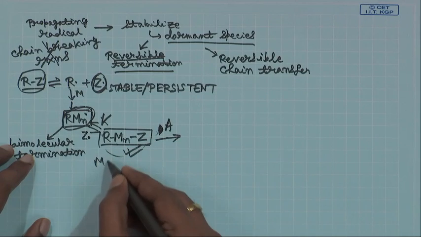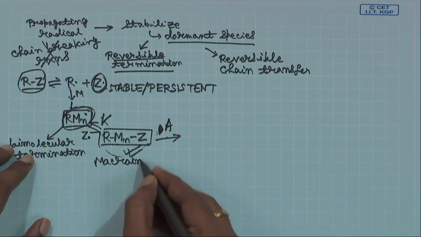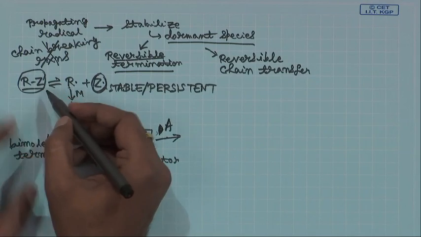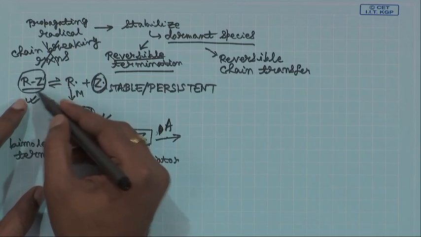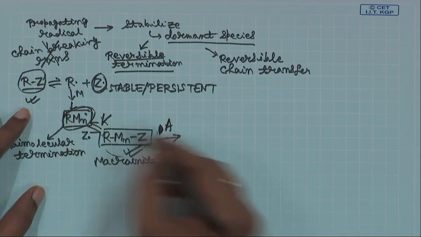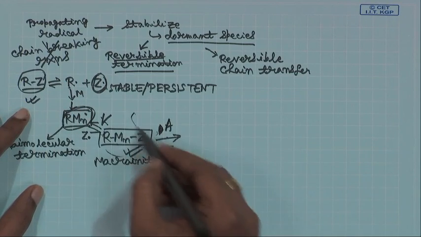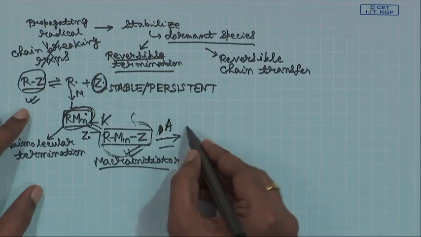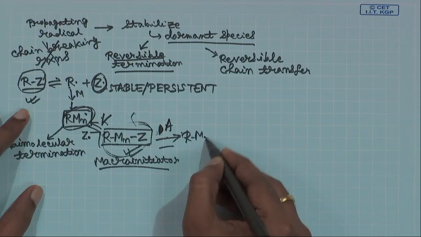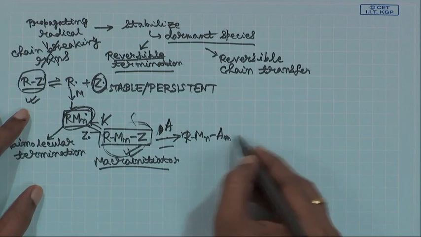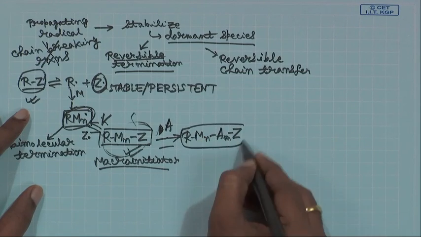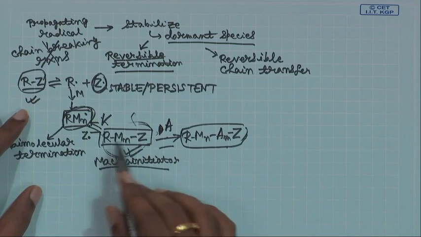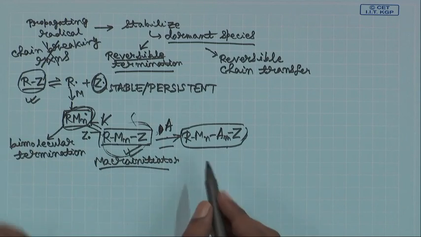So, this becomes a macroinitiator, and generally you can use a catalyst to activate this initiator to dissociate. So, that catalyst you will use here again. This is basically similar to this, but it is a macro version of that. So, macroinitiator, and then you can add the molecule of A, say A number of units, and then again Z will be there at the end. So, this is how you can create specific composition of block copolymers.